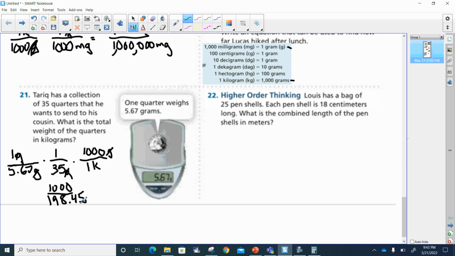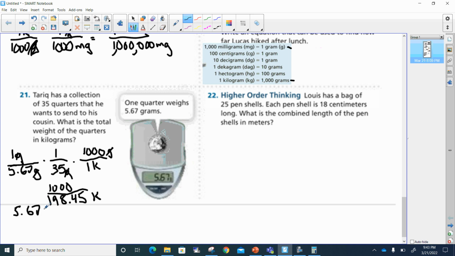Let's see. I'm starting to wonder if we should have put this up here and the kilograms on the bottom. Either way, the kilograms is here, and we want the kilograms. This really should have been put as 5.67 grams, right?